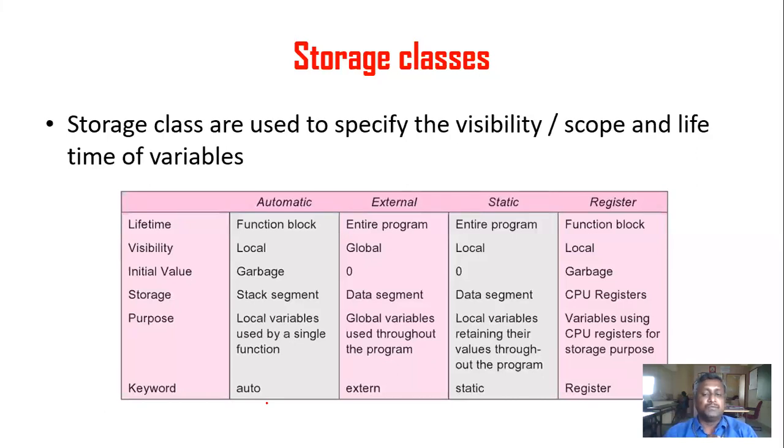So we can use auto, extern, static, and register for the corresponding storage classes. Got it. The storage classes depend on the lifetime, visibility, initial value, storage, purpose of using the variable, and also the different keywords. Okay, good. Thank you.